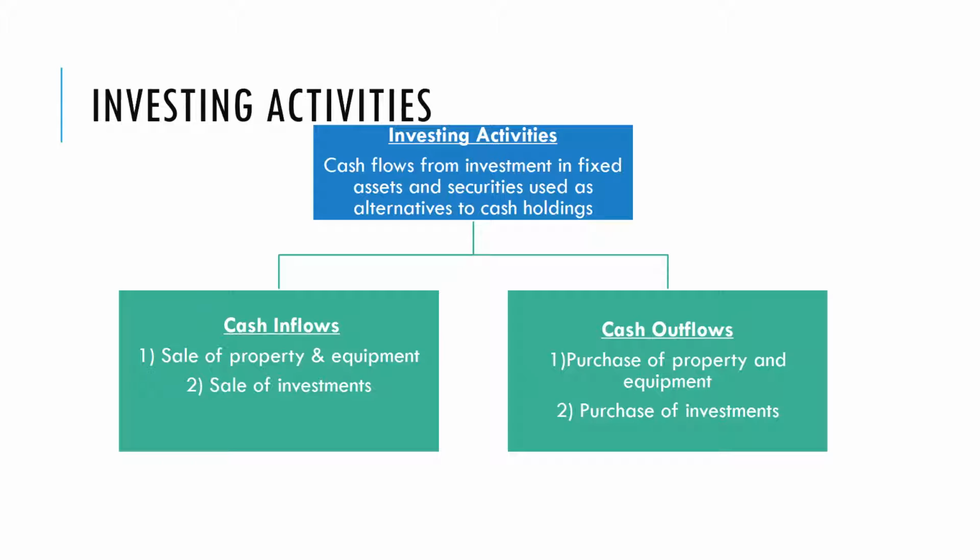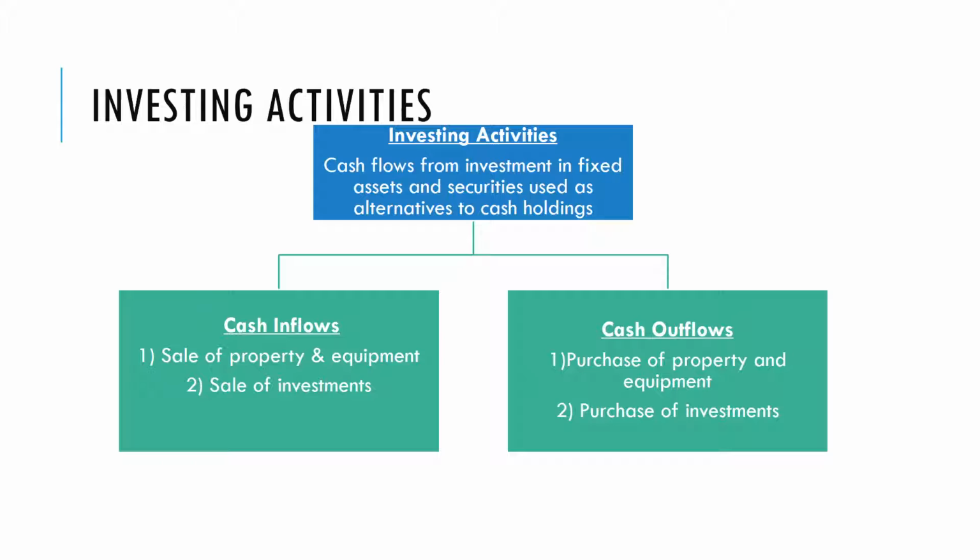It could also be the sale of investments. So let's say a hospital owns an outpatient surgical center, and they decide to sell it because they just don't want to be in that business anymore. They'll sell it, and the money from that sale is considered a cash inflow in an investing activity.